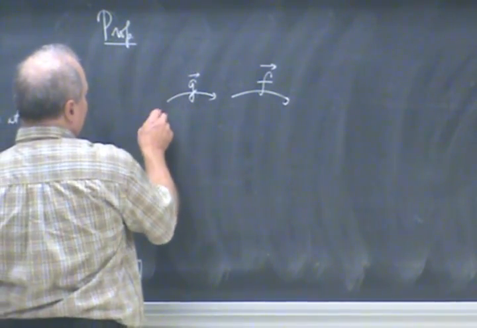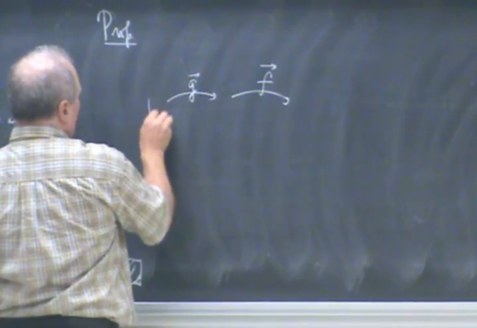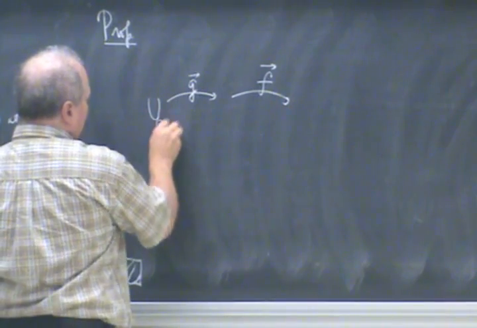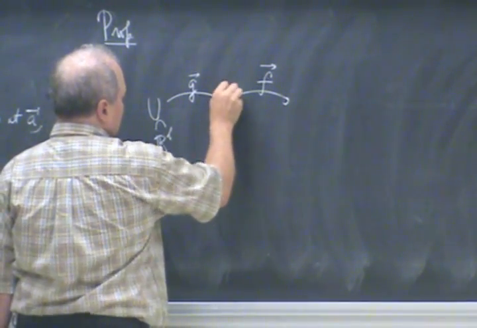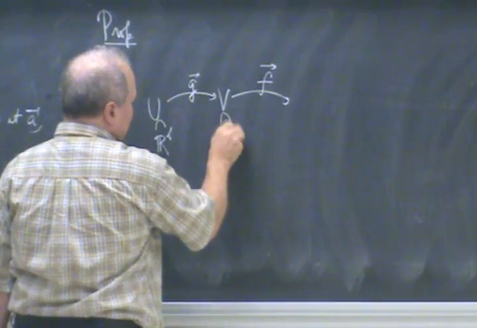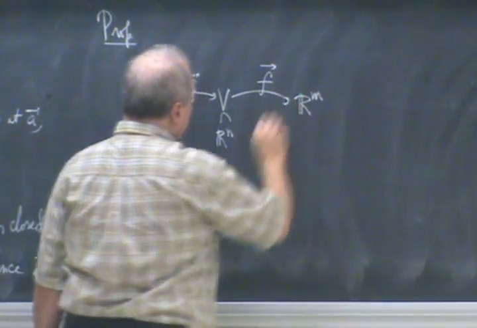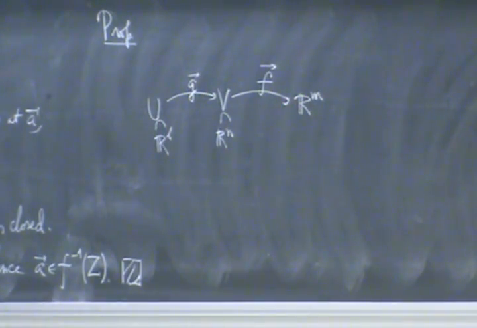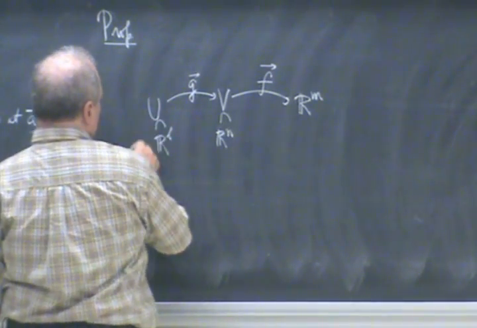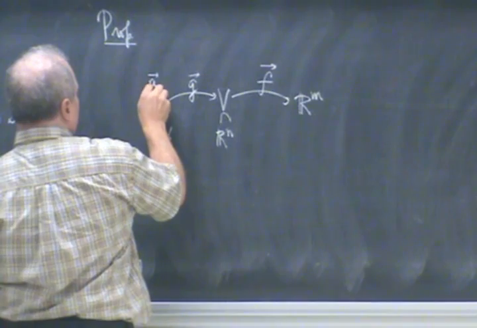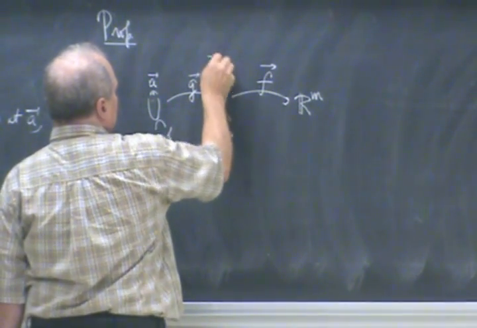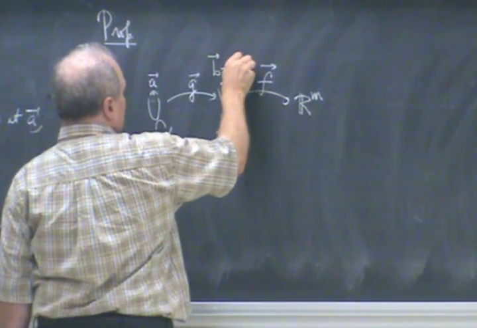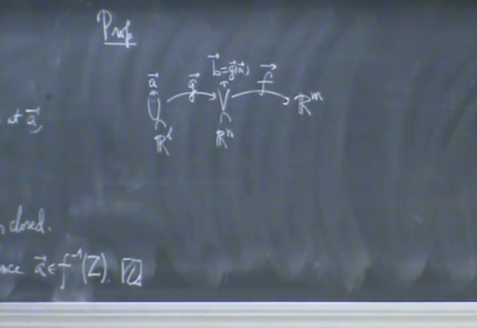So suppose you have something like G mapping an open set in R^l to some open set here in R^n, and F is mapping to R^m. And suppose I have a point here A, and G maps it to a point D in this set.